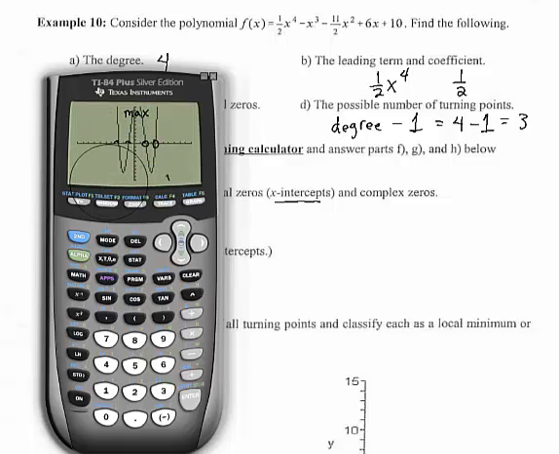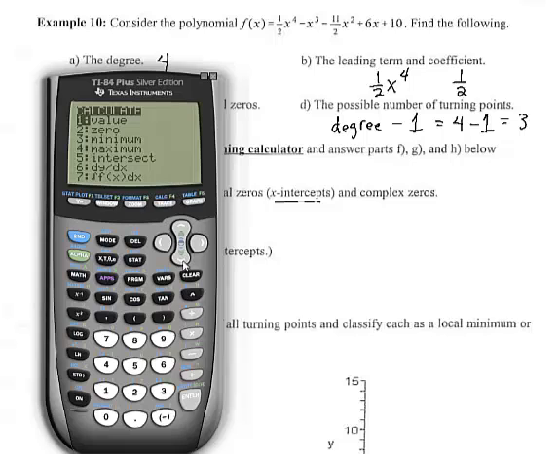So I'm going to erase this and go to calculate to get the values of my x-intercepts. I'll start from the left and work my way to the right. The calculator asks for a left bound. Now I hit the right arrow key, it skips the x-intercept.